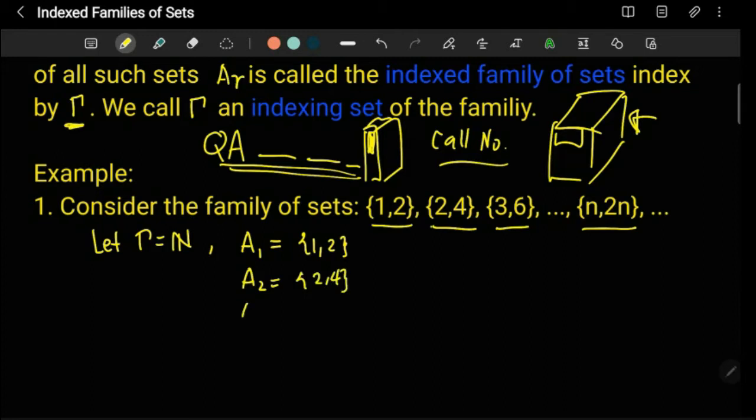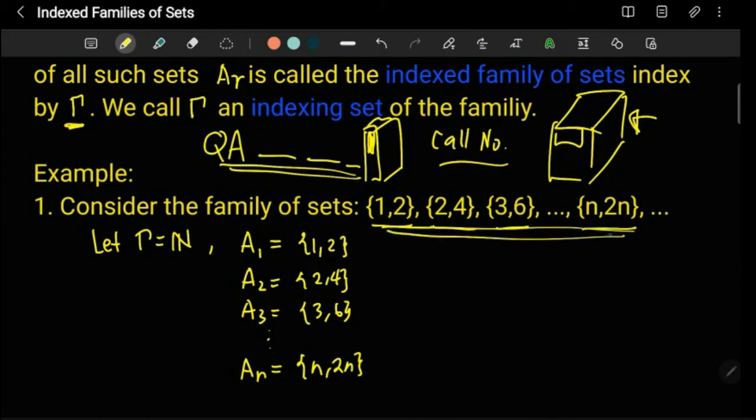Of course, for n equals 3, i-define natin yung set natin as 3, 6, and so on. So, meron tayong pang-index for each n in the indexing set, in gamma. So, A sub n is the set n, 2n. So, every element of our collection, every set here in our collection is being indexed by a natural number n.